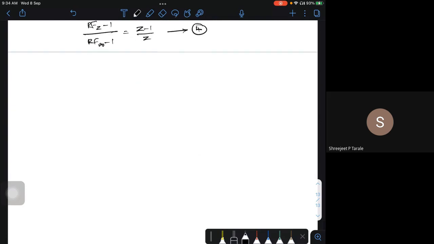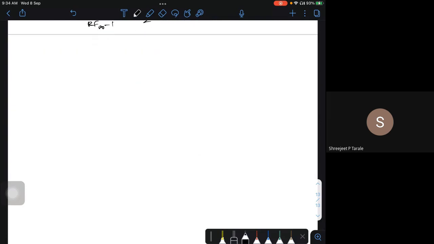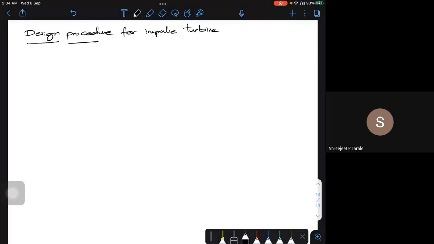Now we'll try to look into the two design procedures. The first one is the design procedure for an impulse turbine. I'm going to write in the form of points.